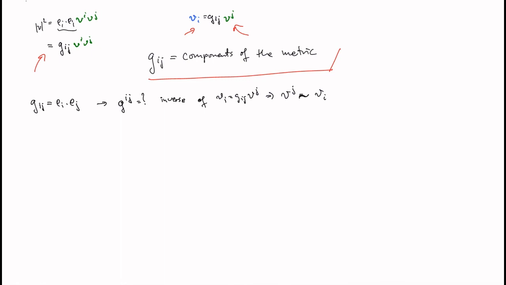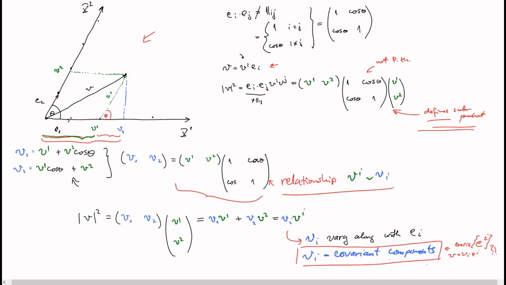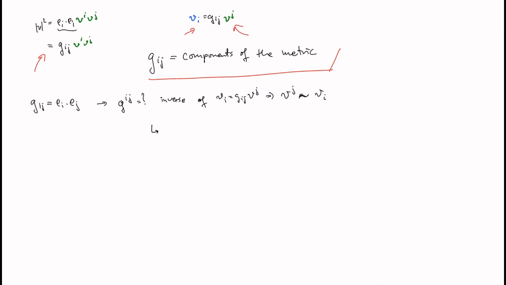And this is related to the question that I mentioned before regarding covariant components. The question is, what is the basis of vectors in which I can write the vector v as an expansion in terms of covariant components in a basis? So what is this basis?